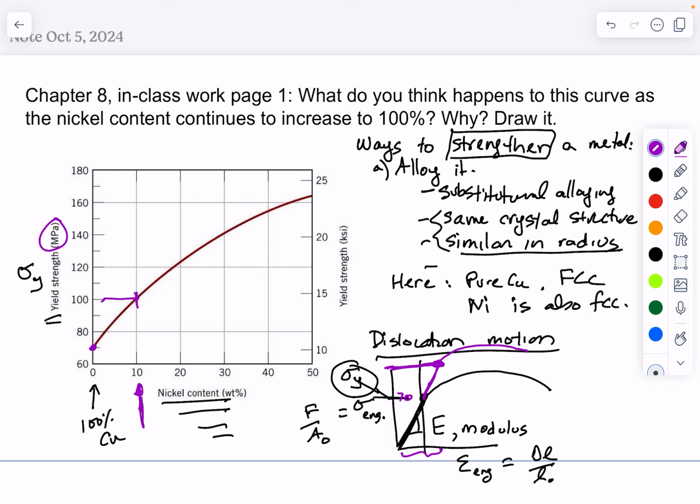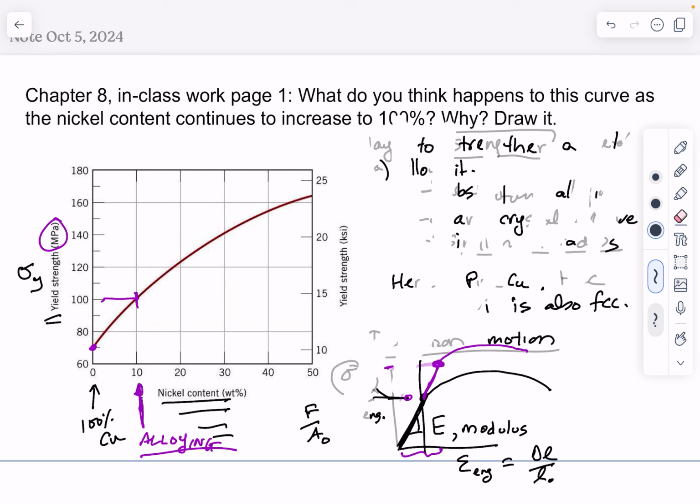Whatever part it is, it is permanently bent at that point, or permanently longer, or permanently messed up. So we have increased the yield strength by alloying. That's the effect of alloying. We've increased the length, if you will, of the linear portion. All right, now I will start to answer the question.